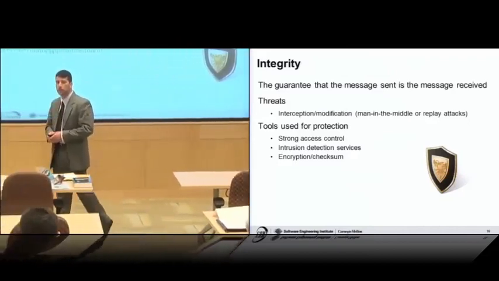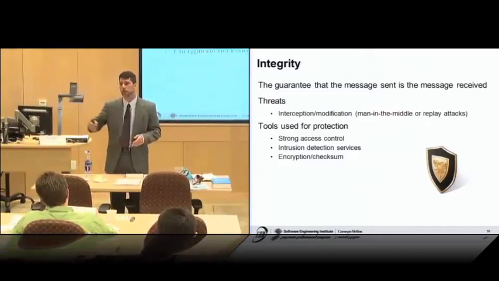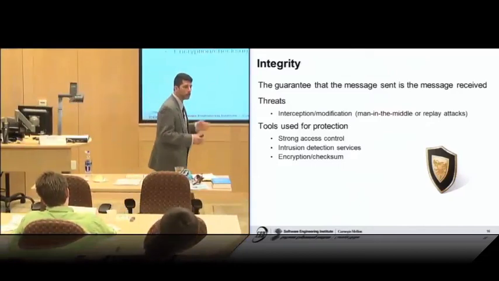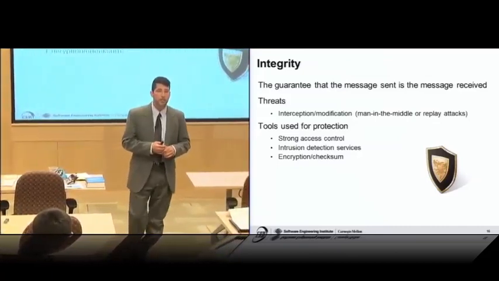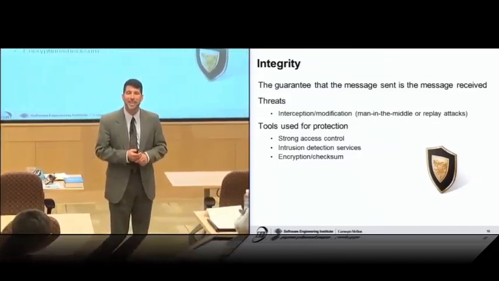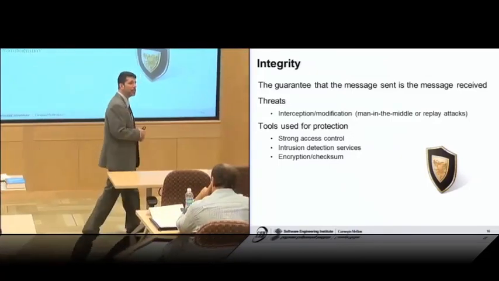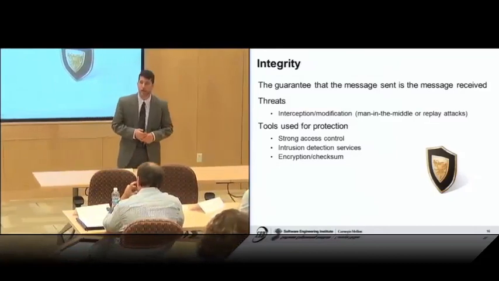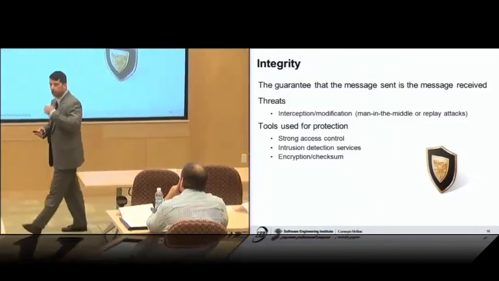If someone sits between two trusted objects, a user and a machine, a user and a service, a user and an application, and can observe that traffic long enough, they can mimic one of those objects and continue the conversation along lines they want to do. That's a man-in-the-middle attack. They can intercept and modify that data.